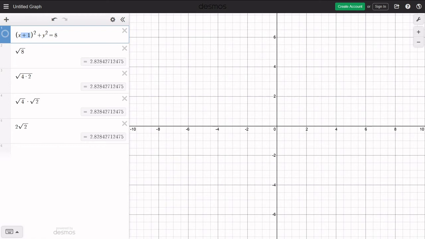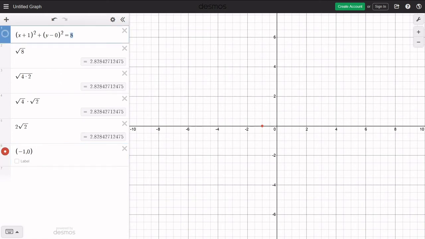And y here, this is the same thing as y minus 0, right? I could write it like this. Minus 0. That's the exact same thing as just y, which means k is going to be 0. So we should have -1, 0. That should be our center point there.